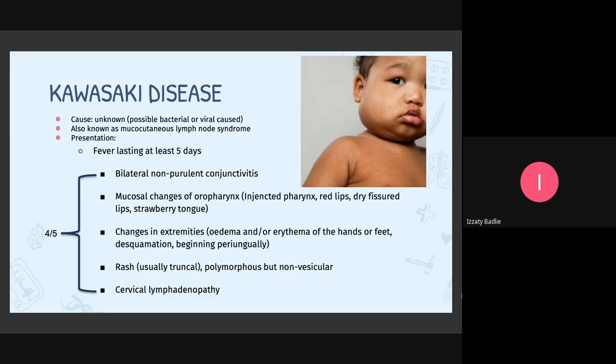It also has mucosal changes, and cutaneous, in which it will have skin rashes. For the diagnosis, I'm sure everybody knows about the diagnostic criteria. The lymphadenopathy is usually at the cervical area.